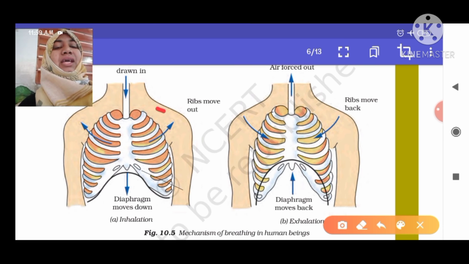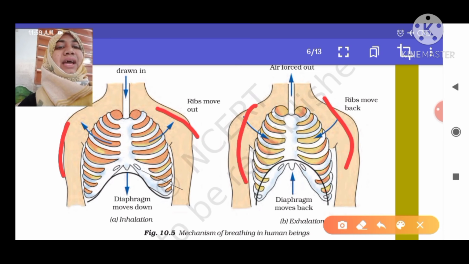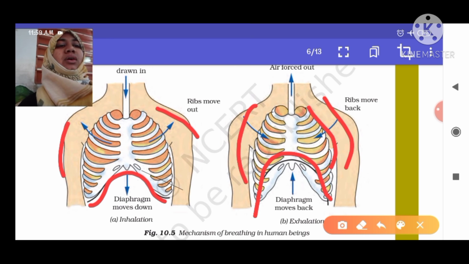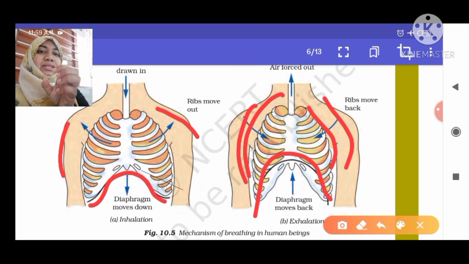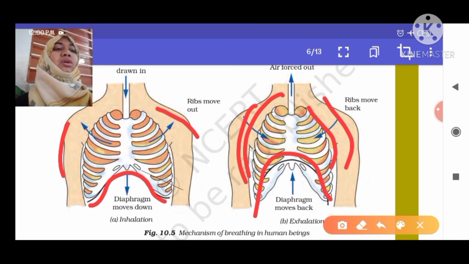The lungs, where expansion was there, now relax, and the diaphragm which had been in a downward position comes back to its original position, and the rib moves back. So expansion, then relaxation, coming back to normal.